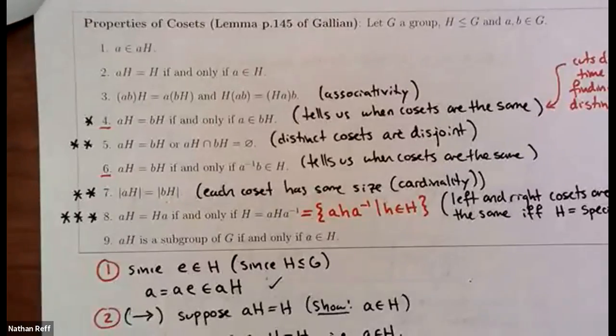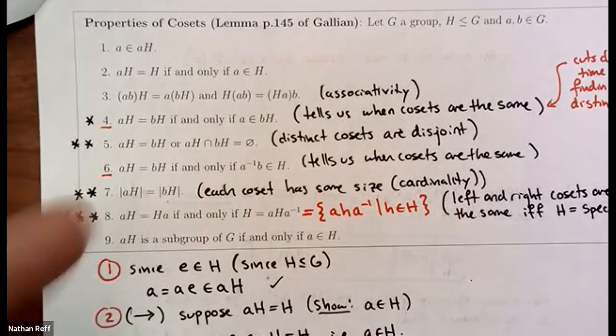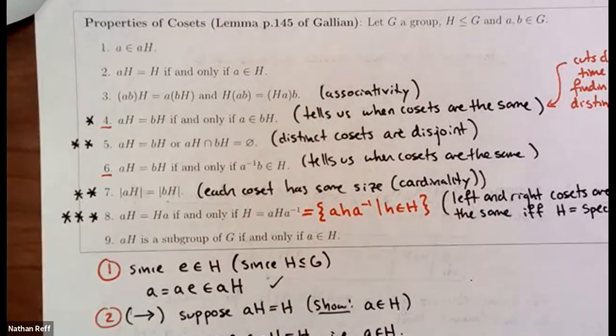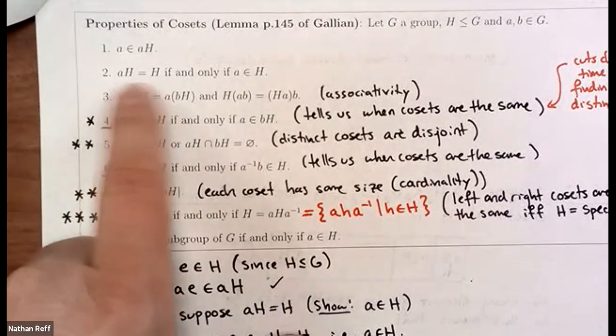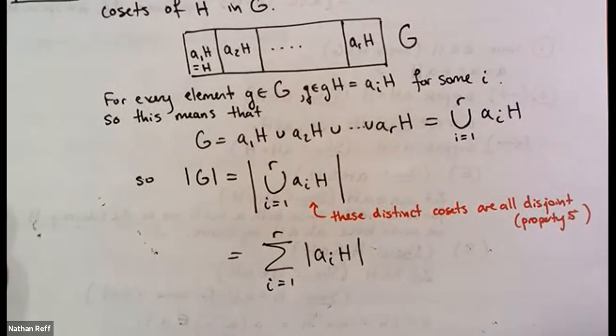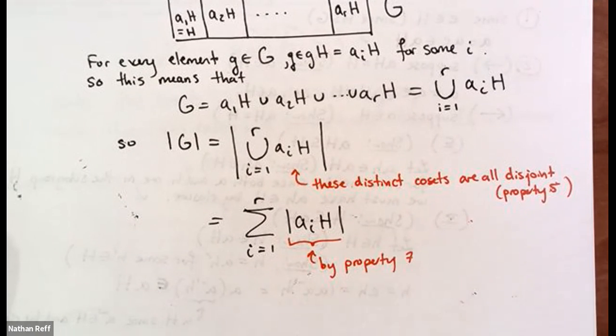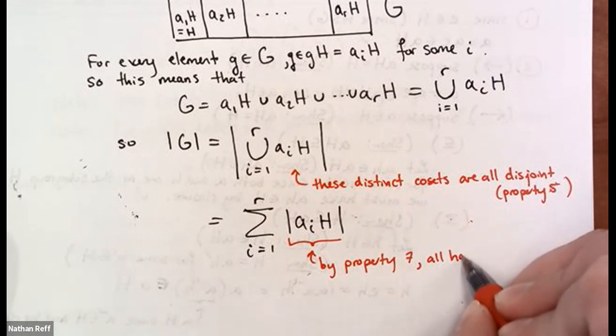Is there another property on this collection here that has to do with cardinalities? Yeah, they're all the same size, right? So number 7, every coset has the same size, and one of those cosets has to be the size of H, right? Because there's got to be one coset that's the same as H there. So check this out. Now by property 7, these all have the same size.